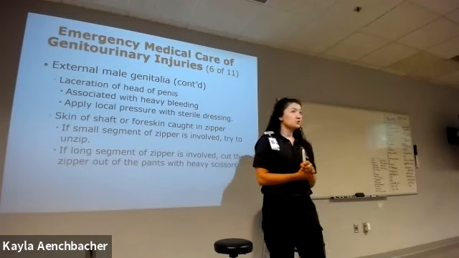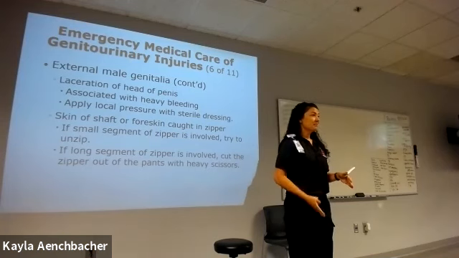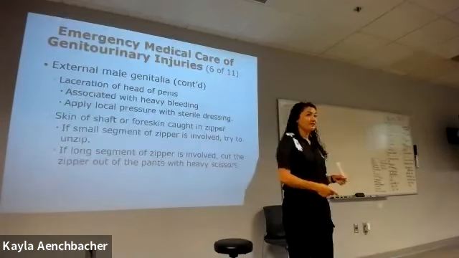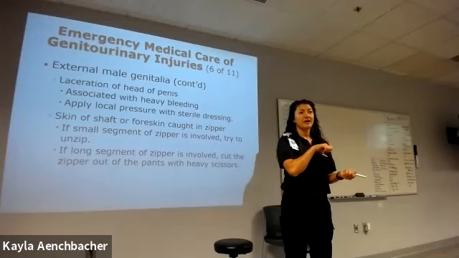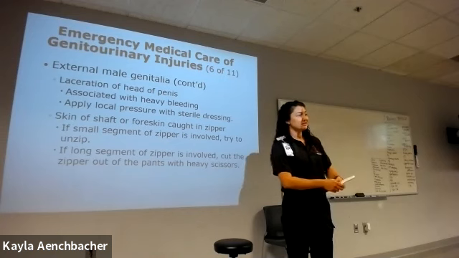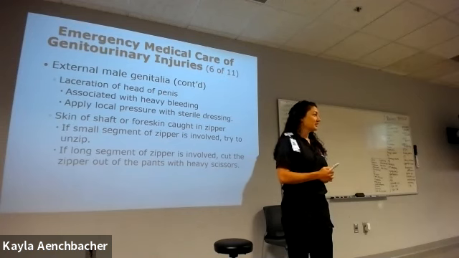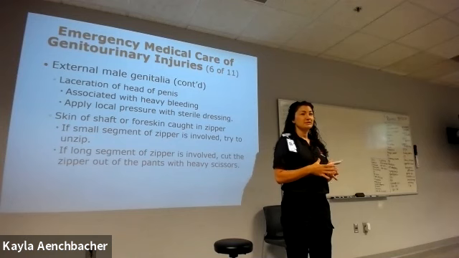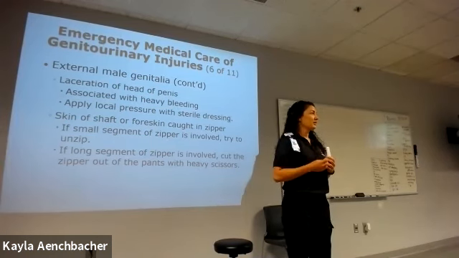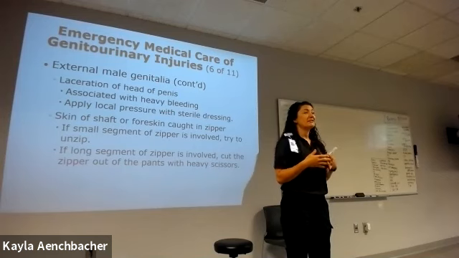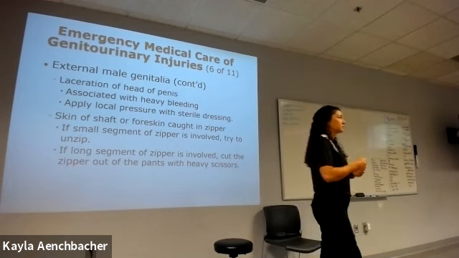Use your shears and cut out that piece of the zipper that is attached to your patient. We're not going to try to unzip it or tug on it to see if it'll pop out. We're going to cut the clothing and leave it around the skin, to prevent any further soft tissue damage from moving around or further pulling.